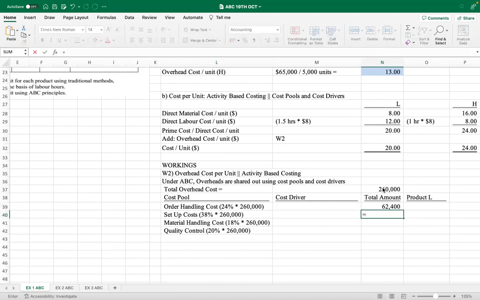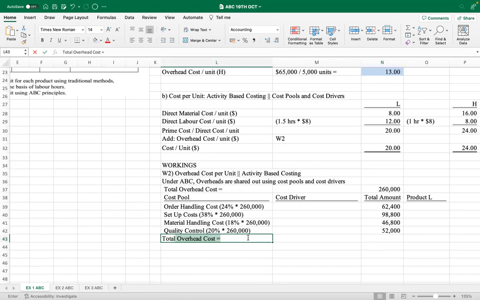The next one is 38% times 260,000. The next one is 18% times 260,000. The last one is 20% times 260,000. So this gives us total overhead costs of that amount.